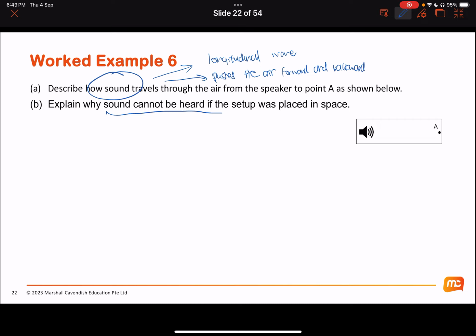As long as you describe this motion, and have an idea that it does it repeatedly, then you'll be fine. Explain why sound cannot be heard: first, it needs a medium for the collisions to happen.